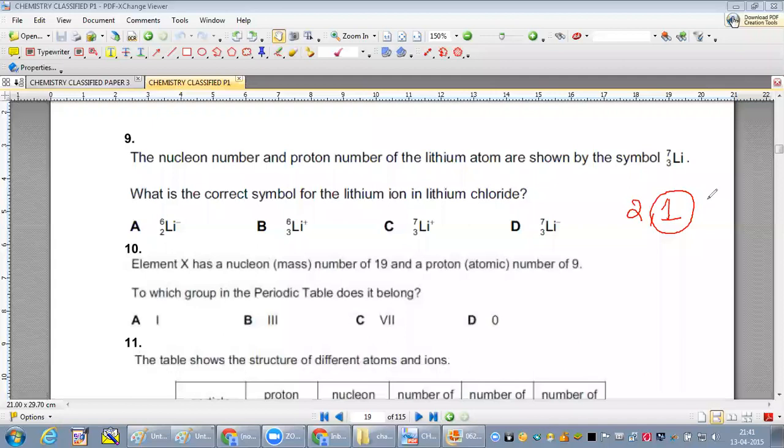Whenever it gives away electrons, it's always going to form a positive ion with a charge equal to the number of electrons given away. As it is going to give away 1 electron, it is going to be single positively charged. And of course it's not going to affect the number of protons or neutrons, so the correct option over here is going to be C.